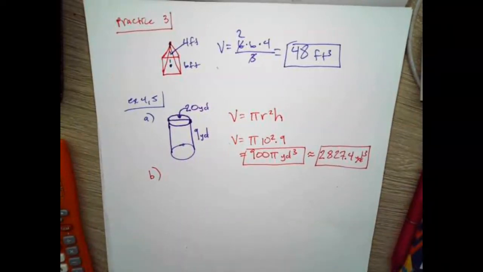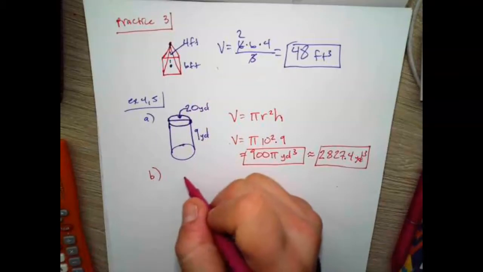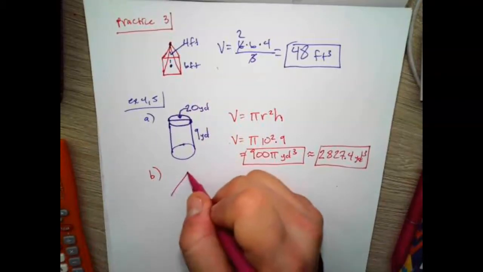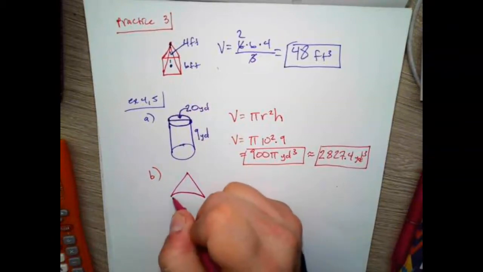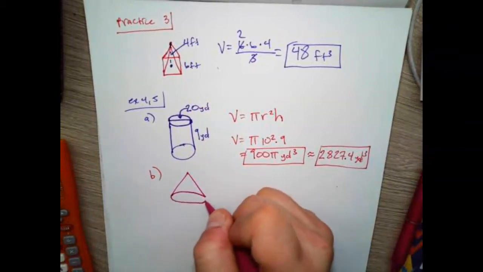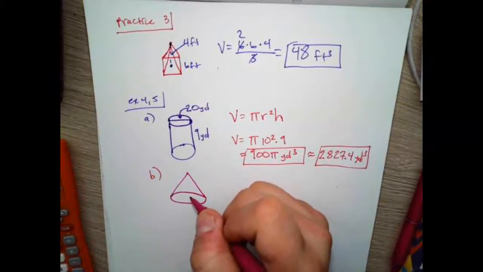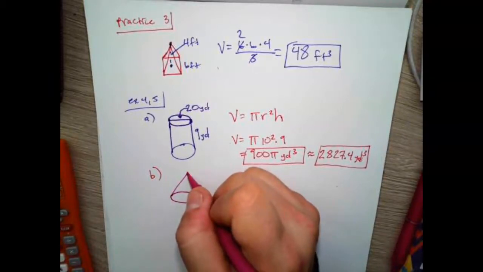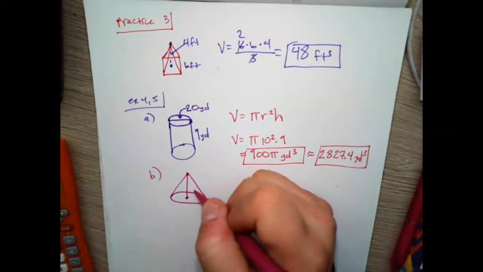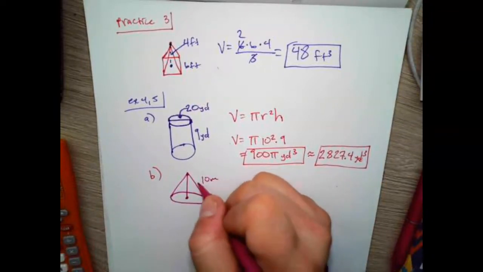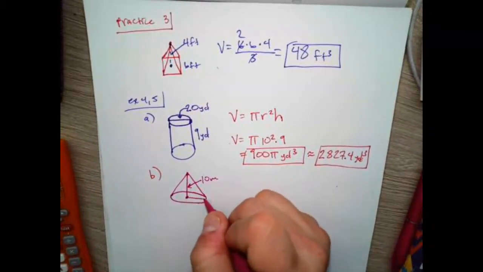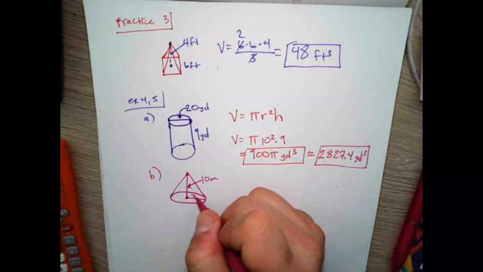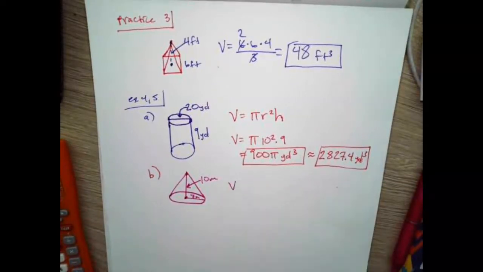B is a cone. A cone has a very similar volume formula to a cylinder. The cone in example B here has a height of 10 meters, and the radius here is 7 meters.